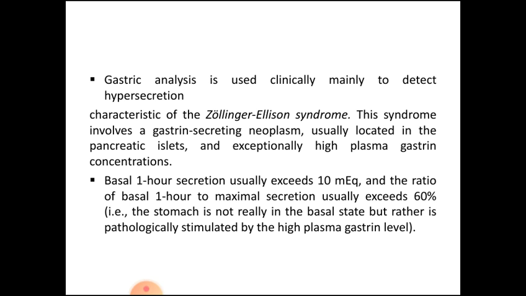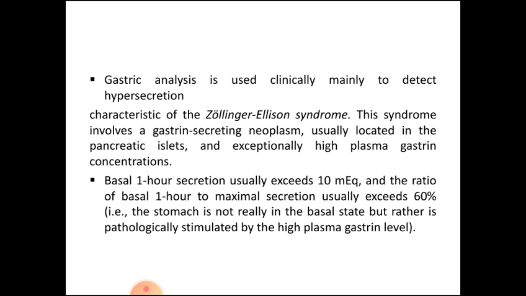Gastric analysis is used clinically mainly to detect hypersecretion. This is the 90% laboratory diagnosis of hypersecretion of gastric fluid.